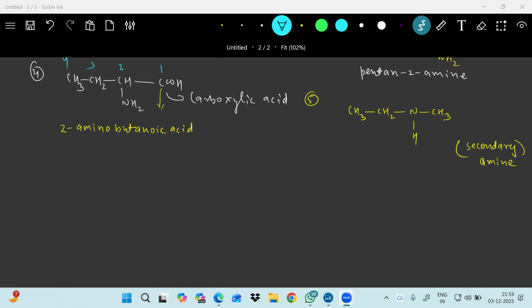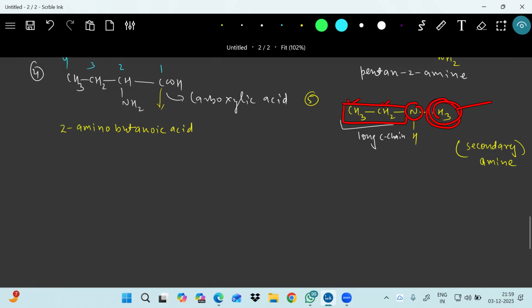In case of secondary or tertiary amines, first find out the longest carbon chain. This is the long carbon chain, and it will be the main carbon chain. This short carbon chain is not continuous with it; the nitrogen is there and this carbon chain is separate.